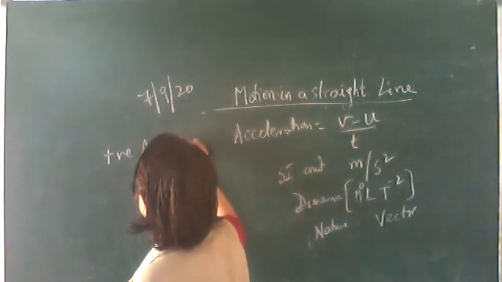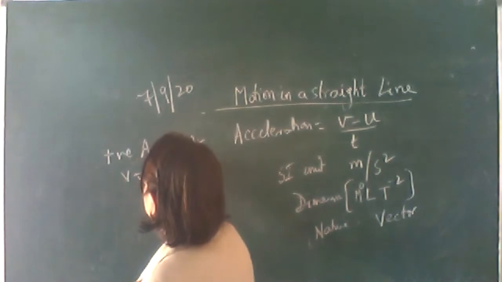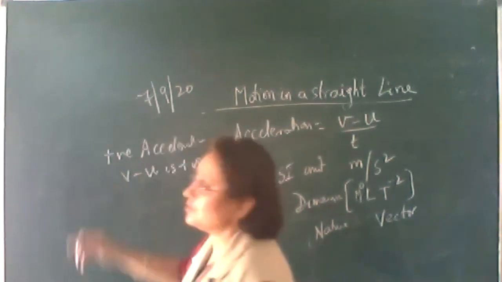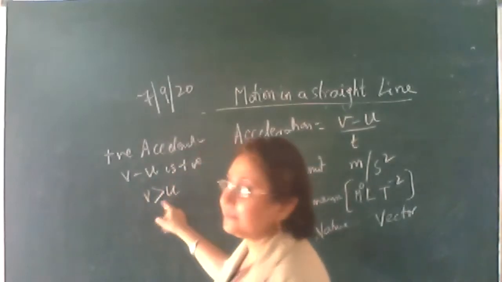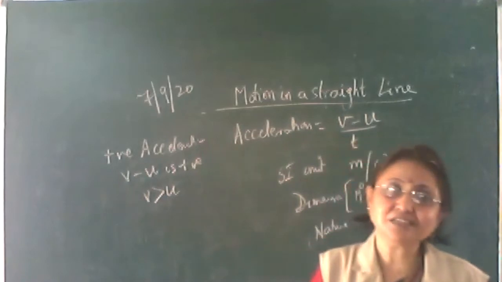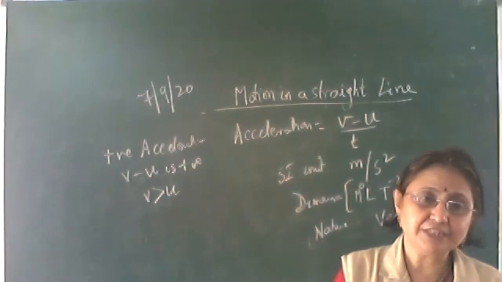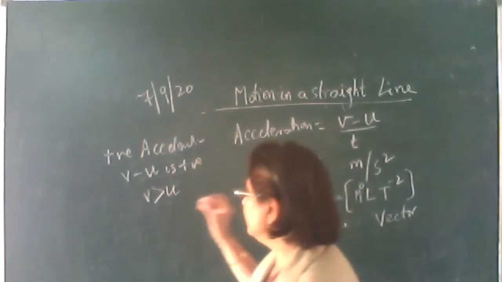So positive acceleration is possible when v minus u is positive. V minus u is positive, it means v is greater than u. That is, the velocity is increasing with the time. When the velocity is increasing with the time, we say that the acceleration is positive.